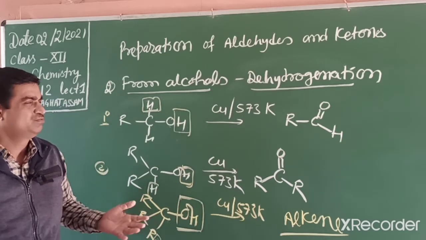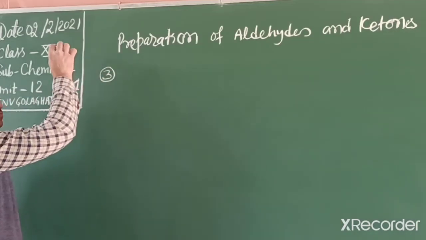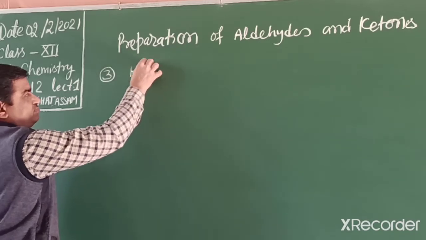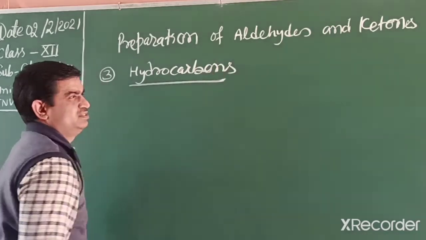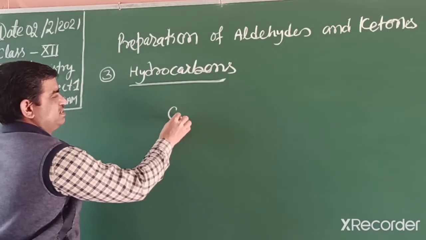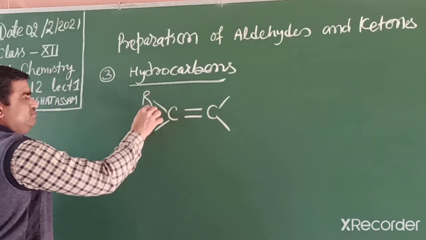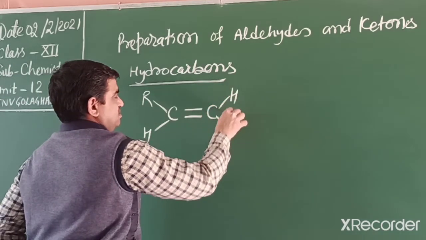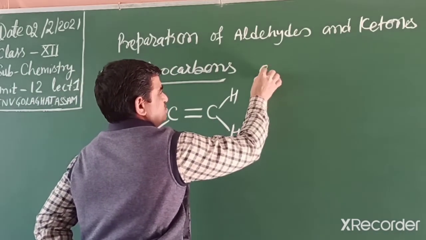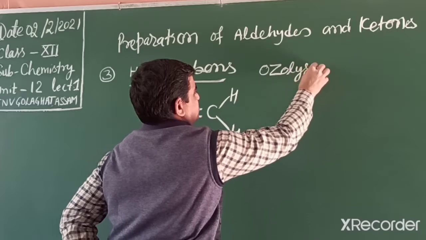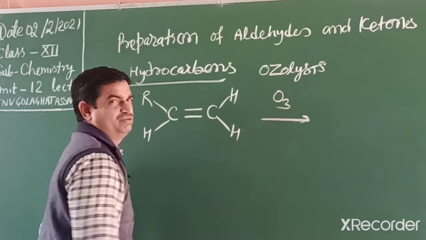So now from hydrocarbons. From hydrocarbons, from alkene, if we take such a type of alkene, a particular example, by ozonolysis. In this ozonolysis, we first react with ozone.